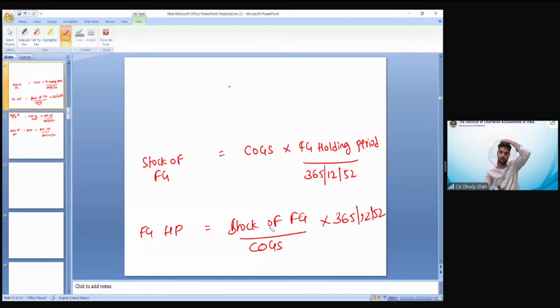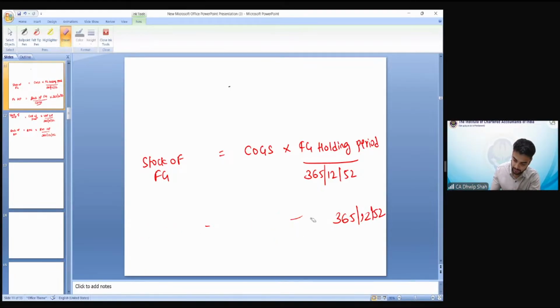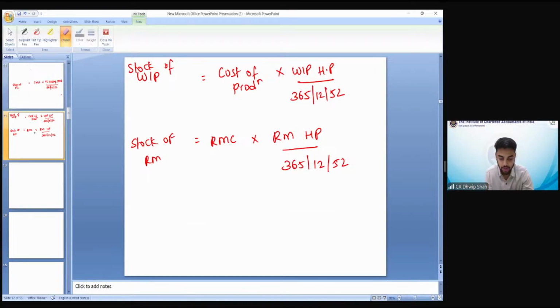Understood? So how to calculate stock of FG? Stock of FG is always based on COGS. So COGS multiplied by FG holding period divided by 365, 12 or 52 as the case may be. Are you getting this? Likewise, stock of WIP is nothing but cost of production multiplied by WIP holding period.